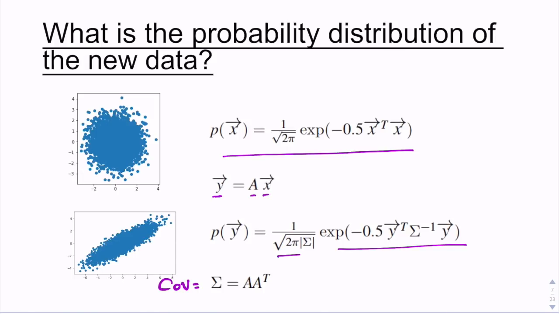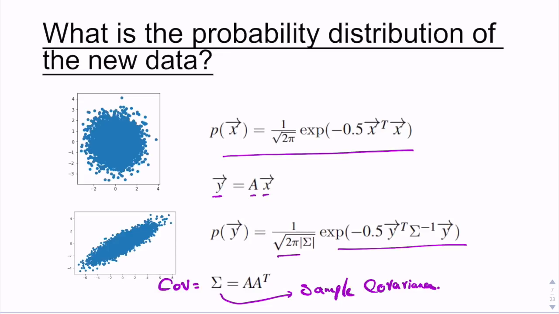Here sigma is the sample covariance. Okay, so we have the covariance matrix for this new transformed data, and we also know that this matrix is equal to A times A transpose, where A is the linear transformation, but we still don't know what A is.